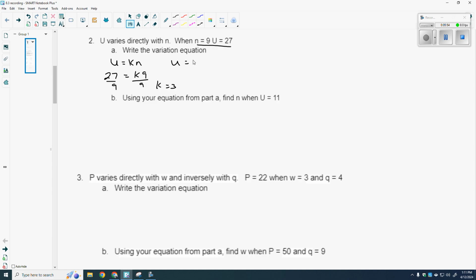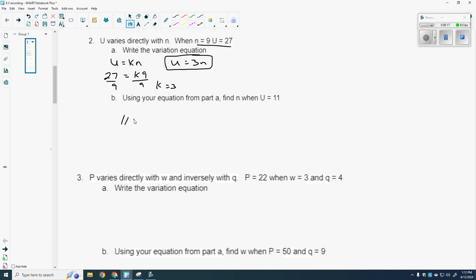So 3 times n is equal to u. And that's my equation. Write your generic equation, plug in the information they tell you, solve for k, plug the k value back into my generic equation.